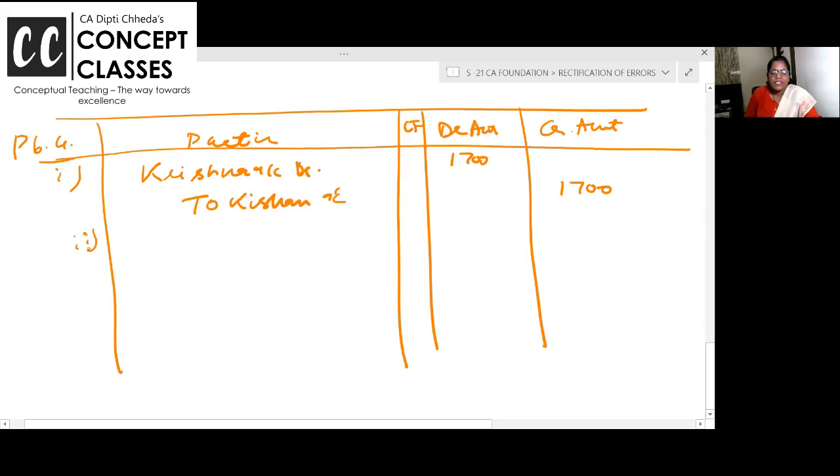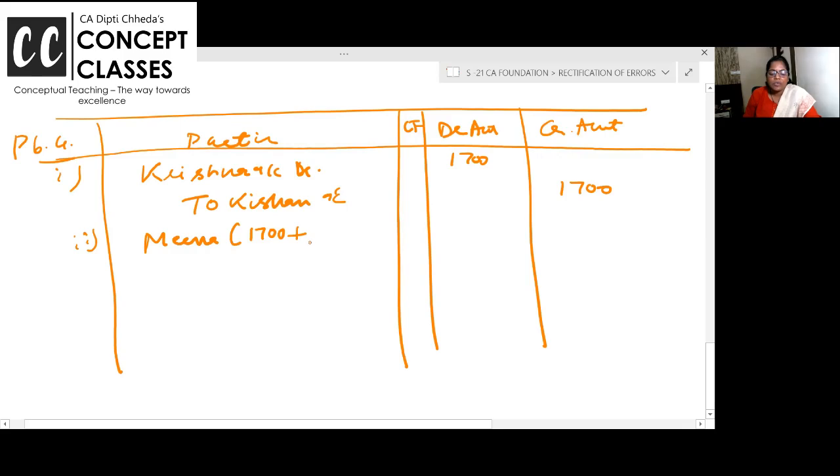Cash sales of 1700 to Meena was posted to the credit side of Meena. When I am selling the goods to Meena, party to sales, so Meena's account should be debited. They didn't debit, so debit now. But by mistake, sales also credited, Meena also credited. So to nullify that, debit it twice. This is cash sales, sorry.